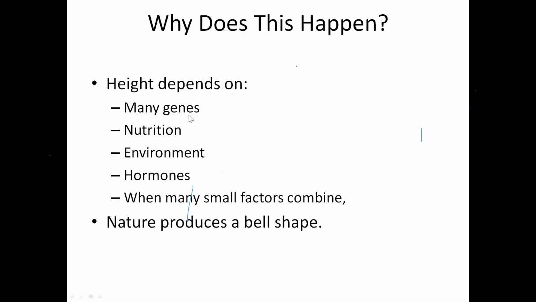Height depends on many genes, environmental factors, hormones, and many small factors combine. When these things are there, nature produces a bell shape. Whenever you collect data in a biological setting or any community study, you get the bell shape curve.